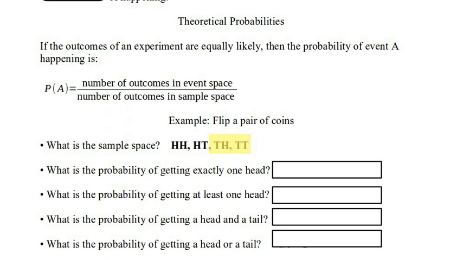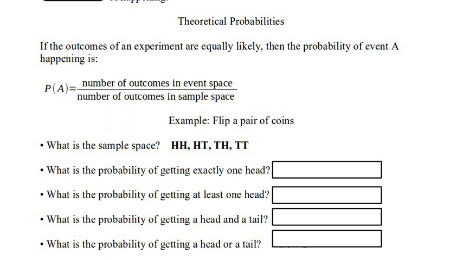They're still equally likely. So there are in fact 4 possibilities in the sample space. And this is a huge issue, because if I now ask you questions about this sample space, I have to notice that there's 2 ways, for example, of getting exactly 1 head. I could get it first or I could get it second.